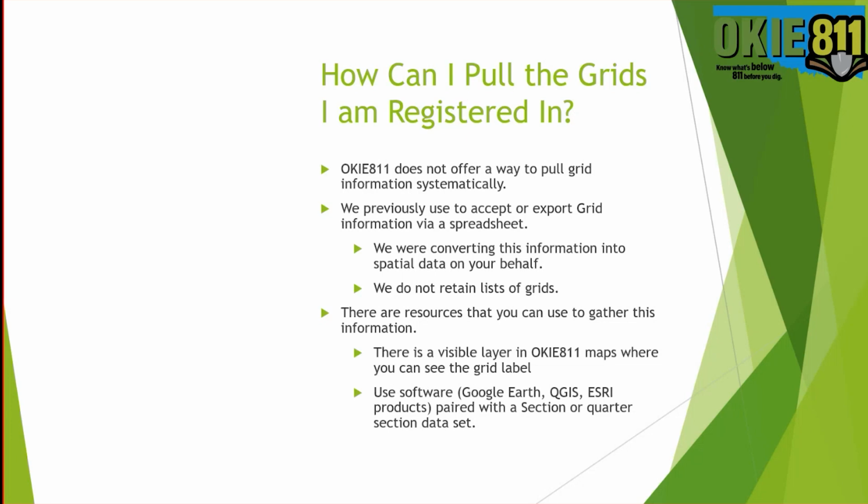So if you're curious about that area, you can zoom into the area of interest, find that grid label, and get that information. Or you could use other software like Google Earth, QGIS, or Esri products, paired with a section or quarter section data set. And some of these data sets are available for free.